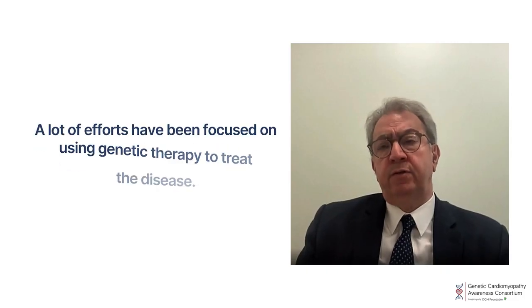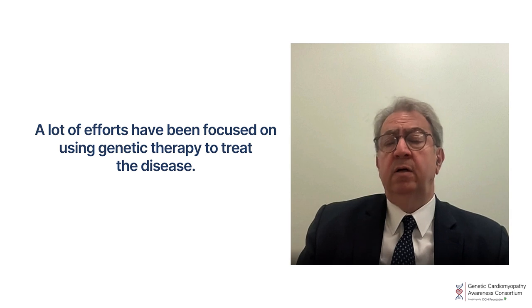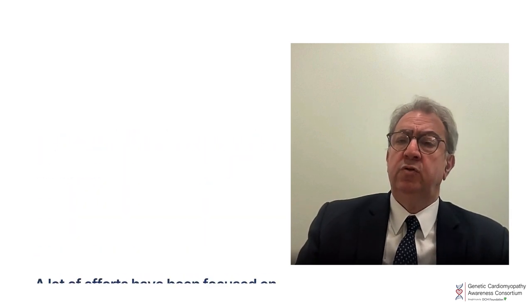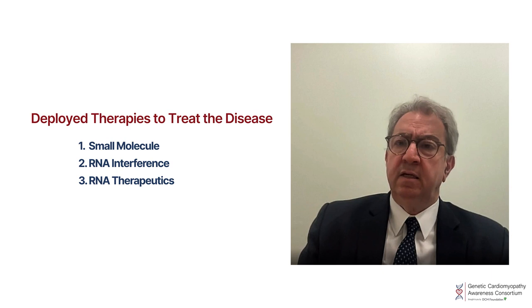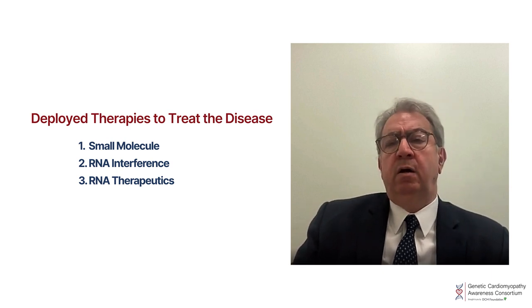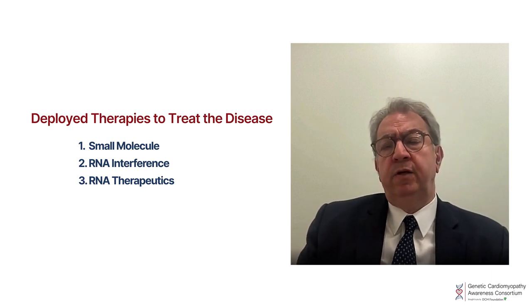And a lot of efforts have been focused on using genetic types of therapies to treat the disease, and also small molecule, RNA interference and RNA therapeutics have been deployed to treat the disease.